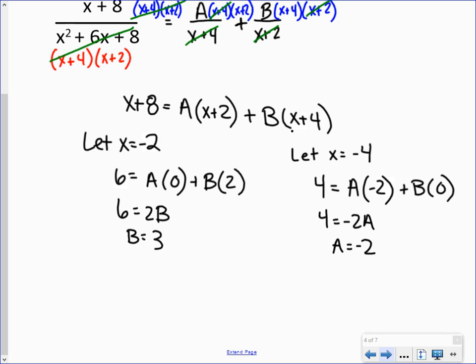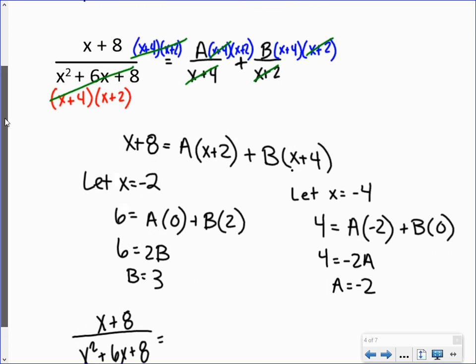And the last step, after you solve for those constants, we now know constant a is always -2, constant b is always 3, is to then write the final decomposition. So sometimes, and I'll do this on this one, I'll write out the whole statement. So the whole statement said x plus 8 over x squared plus 6x plus 8 is equal to, and then I'm going back to that very first line where I have a over x plus 4 before I canceled out with my LCD, and a over x plus 4 and b over x plus 2.